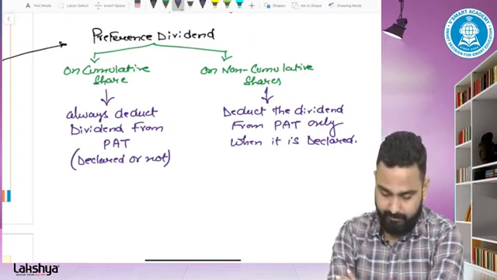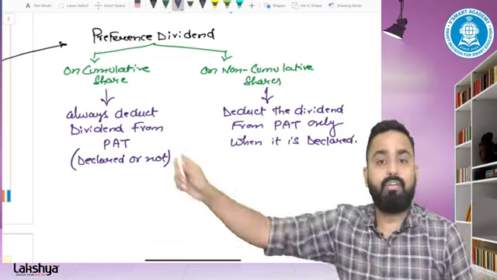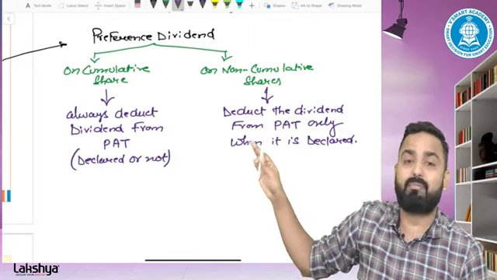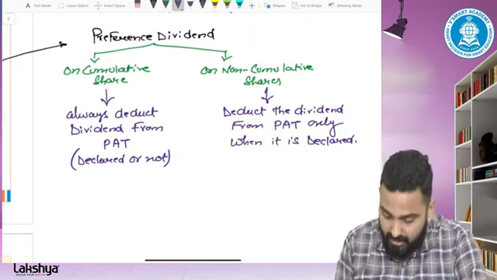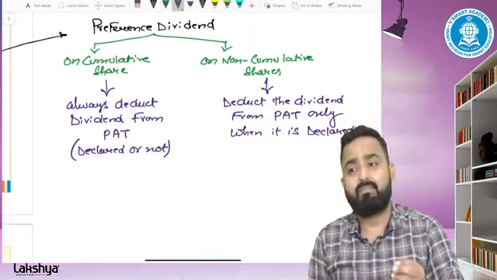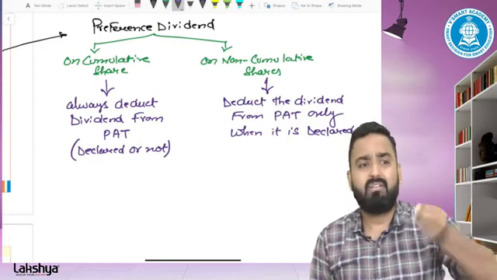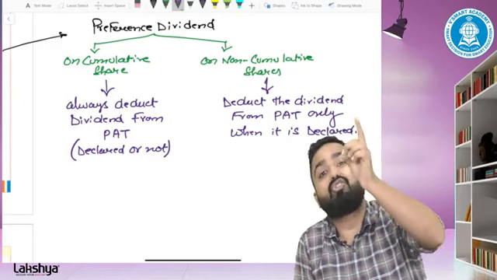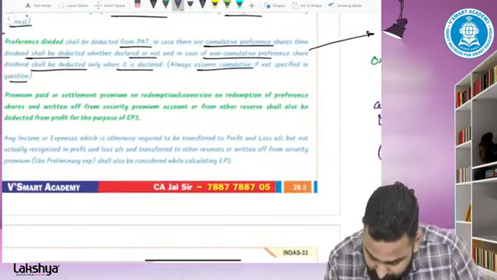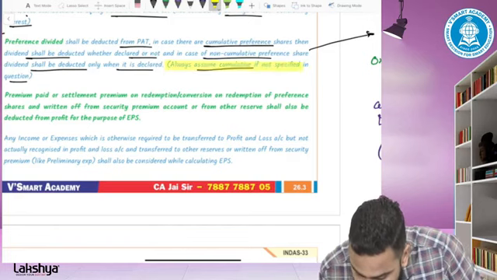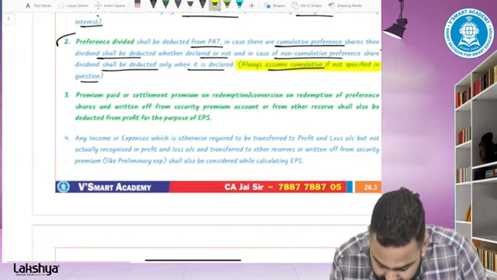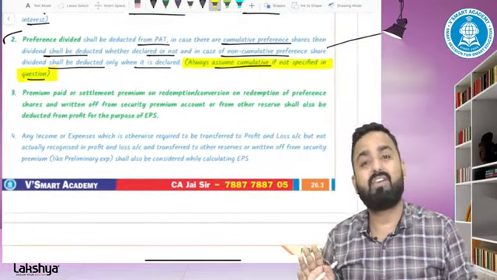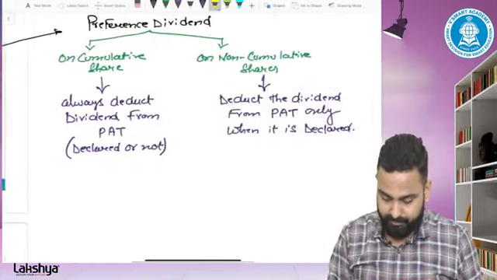So if you have cumulative preference shares, always deduct the amount of dividend. If you have non-cumulative preference shares, deduct only when it is declared. Now suppose in the question it is not clear whether the preference shares are cumulative or non-cumulative, always assume that they are cumulative preference shares.